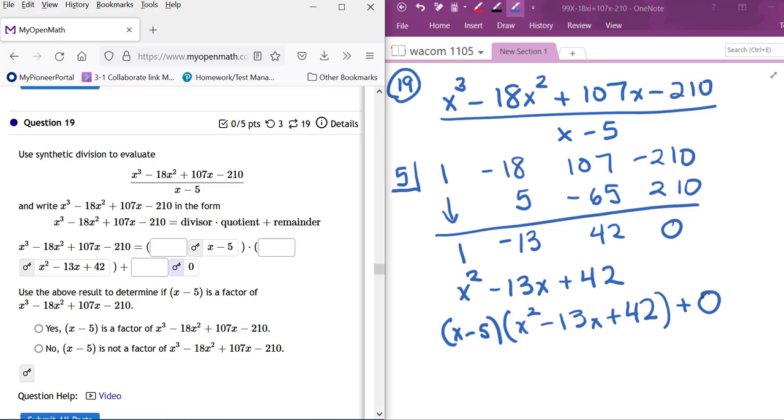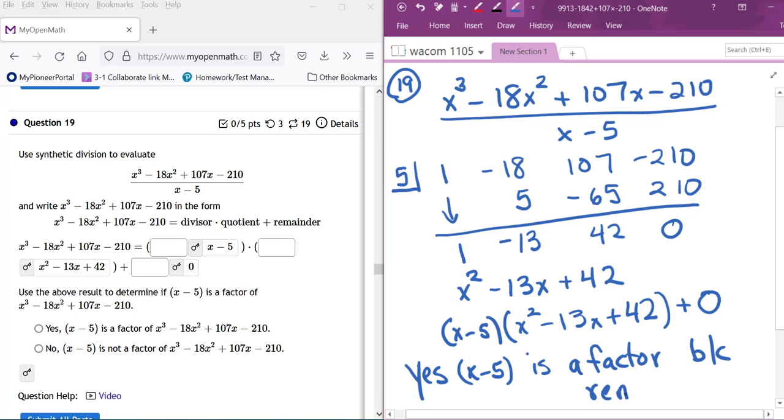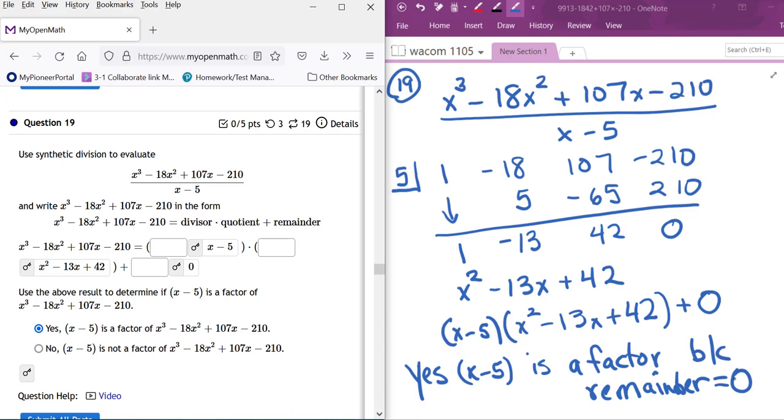Because the remainder is 0, x minus 5 is a factor. So yes, x minus 5 is a factor. I'm going to abbreviate here because remainder equals 0. So this one should be a yes.